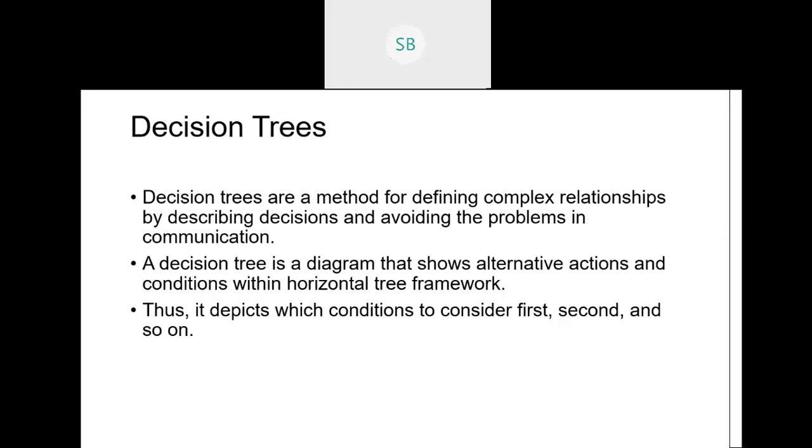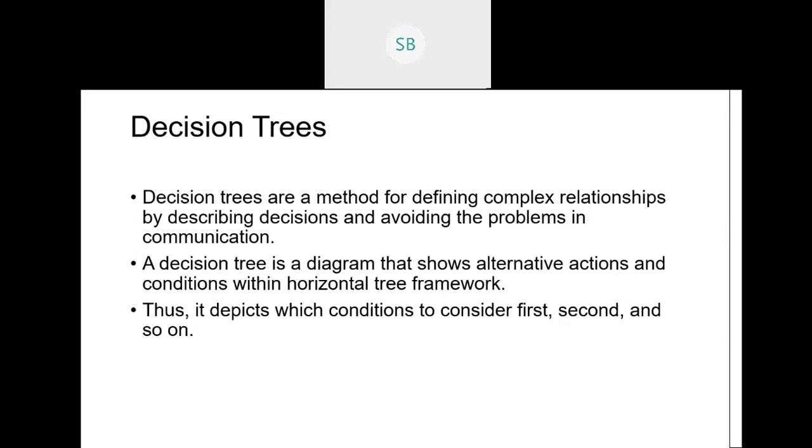Basically a decision tree is a diagram that shows alternative actions. When you have a decision, that means it will have a condition, and it will be either yes or no. When you have a flowchart also, which symbol do you use to represent a decision? You know the flowchart, right? Anyone remember?